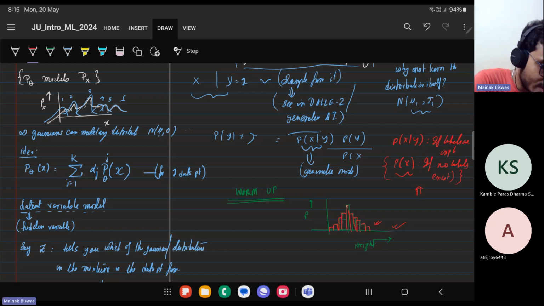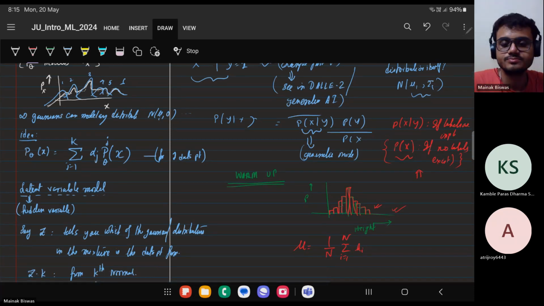Yes. So we can assume that if it's a single distribution, and it has enough data points, it will be a normal distribution. So we can say that the mu of the distribution by law of large numbers will be the average height, 1 by n, sum of height i for i equal to 1 to n, right?